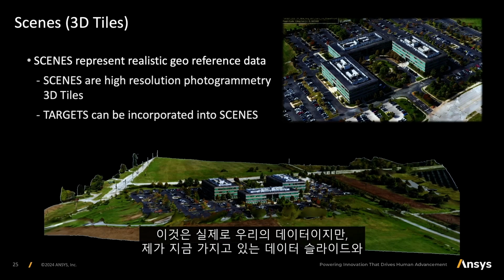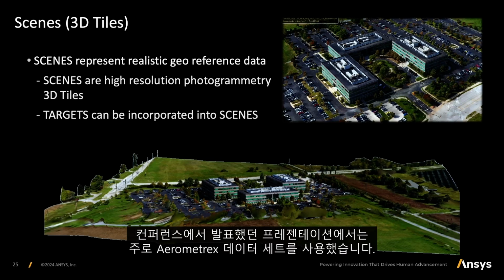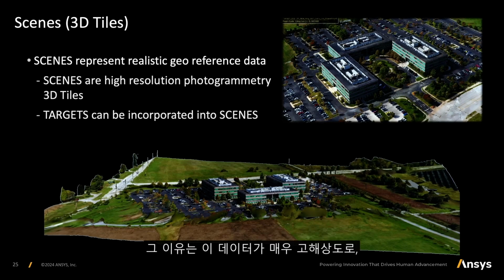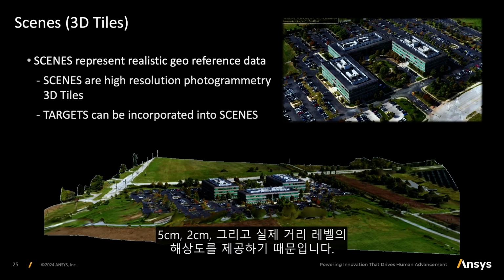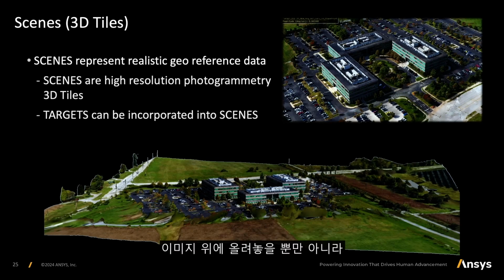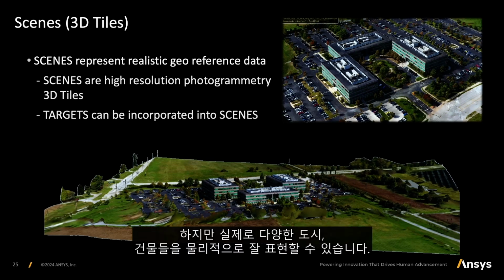This is actually our data, but a lot of the stuff that I've generated in some of the data slides, and also in some of the presentations at conferences, we use the Aerometrics data set, because it's extremely high resolution, 5 centimeters, 2 centimeters, and street level type resolution, and it's surreal. Not only do you put the imagery on top of it, but you actually have a good physical representation of various cities and buildings, and it all comes down to having very, very good data.